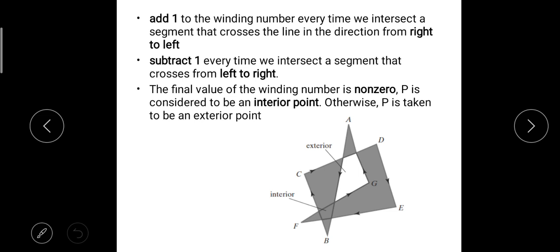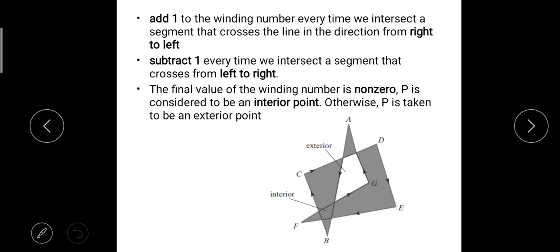If the line segment direction is from left to right, then you need to subtract 1. Next, if the final value of the winding number is non-zero, then P is considered to be an interior point. Otherwise, that means if the winding number is 0, P is taken to be an exterior point.